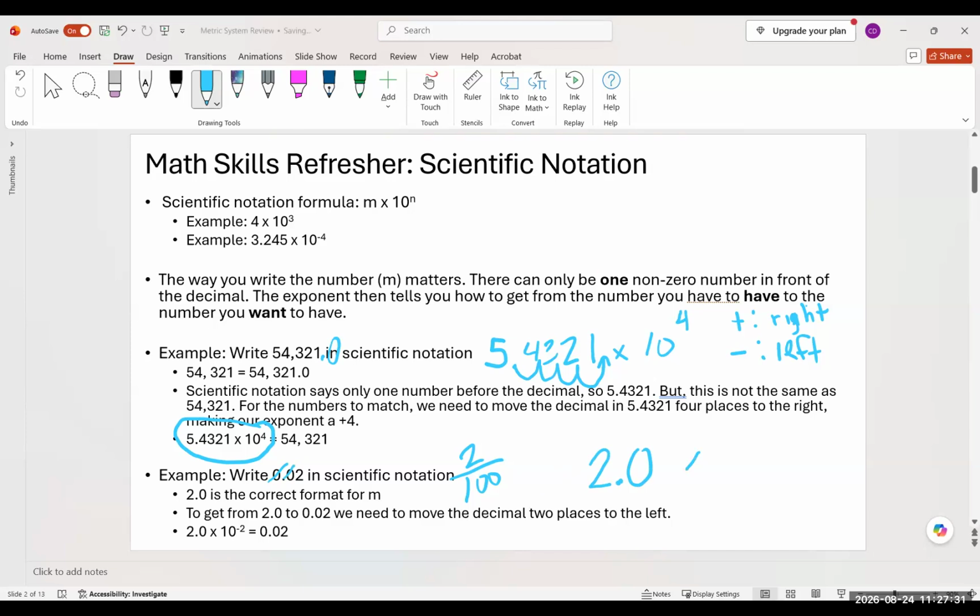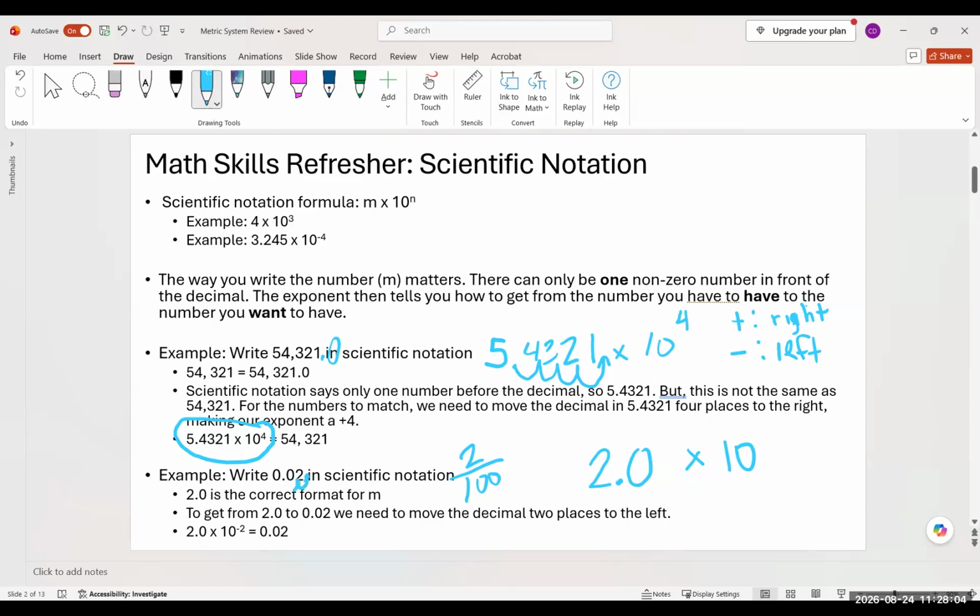Now we're going to do the next part, which is times 10 to the something. So now we have to figure out what that exponent is. Remember how we do that: scientific notation is dictating that I put the decimal after the 2, but that's not actually where it wants to be. It wants to be over here, looking back at our original number. So I'm going to put my pen where scientific notation says the decimal has to be, which is after this 2. And how do I get it back to where it wants to be?